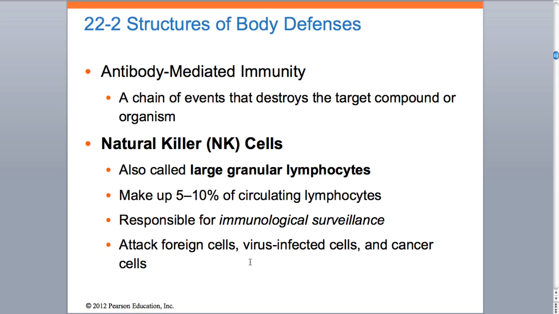So natural killer cells are responsible for immunological surveillance. They're the ones that fight off virus-infected cells and cancer cells, very similar to the cytotoxic cells. The only catch is this: natural killer cells belong to level 1, so they're not specific.